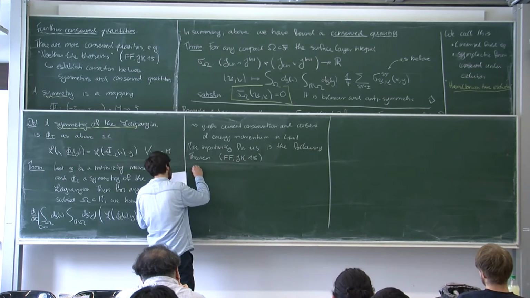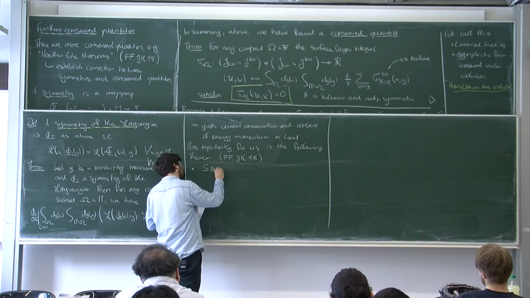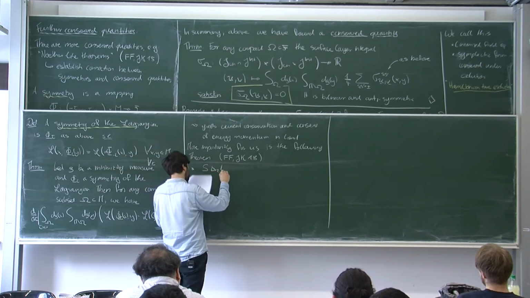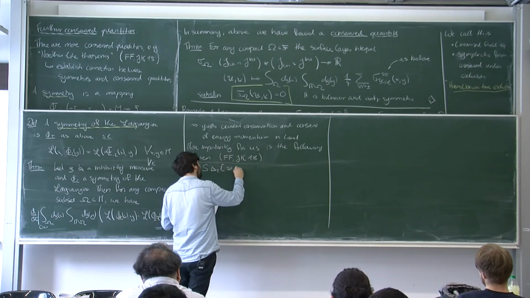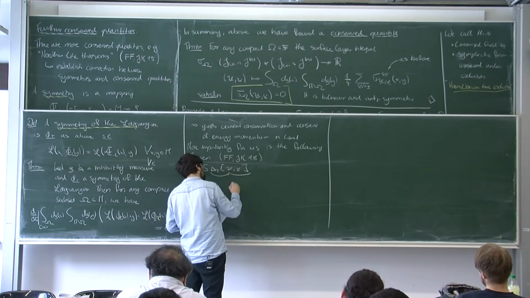So there's an expression which looks like this: S delta 2, U V. This part here is something which we call a nonlinear correction term.